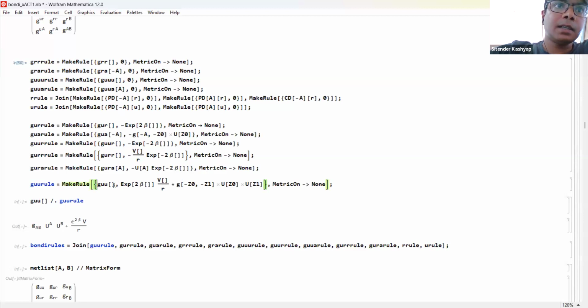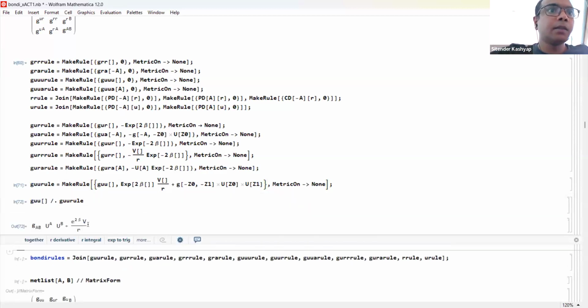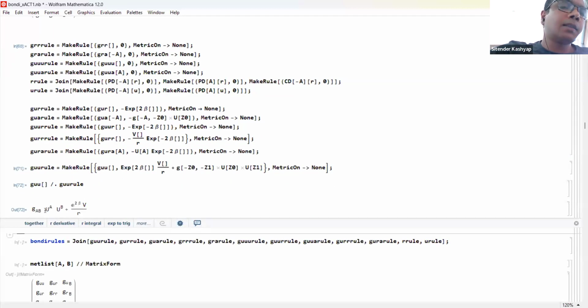Here, whatever tensor you want to equate to another tensor which has a similar tensor structure, this will set it equal to, say, the exponential of 2 beta v by r plus g of this. I have called this rule GUU rule. If I take this, you see what is happening is that it is essentially replacing GUU with this.